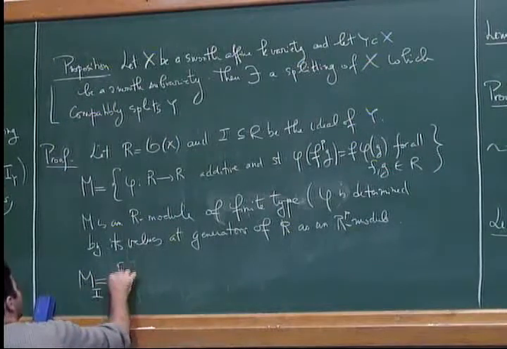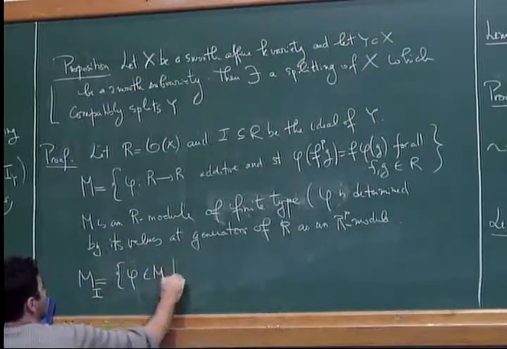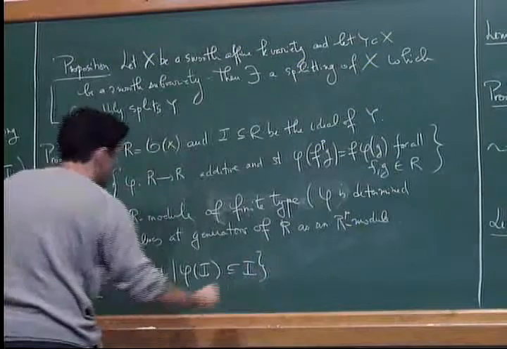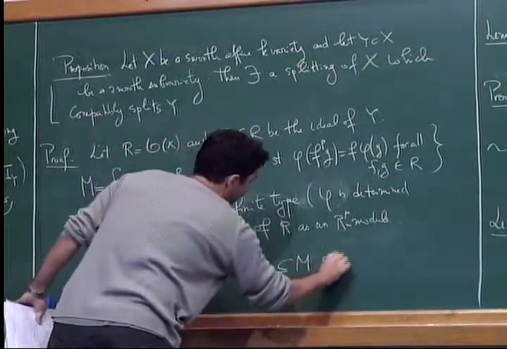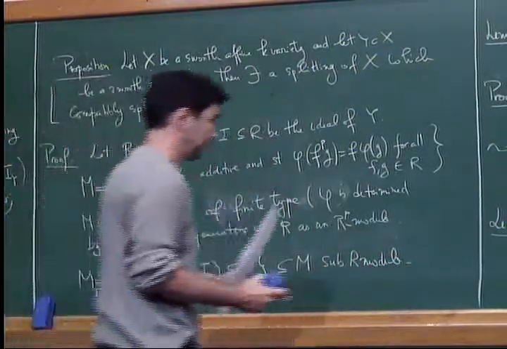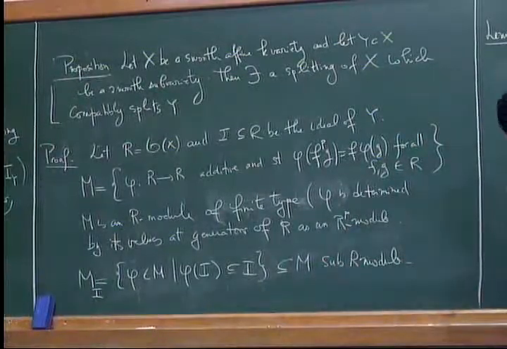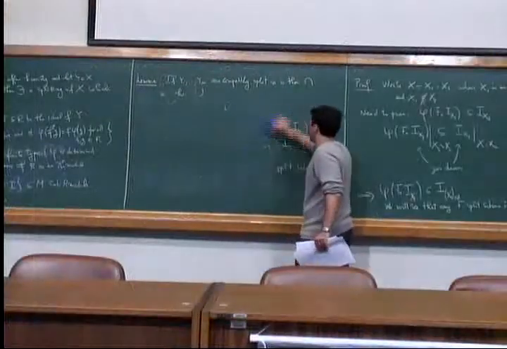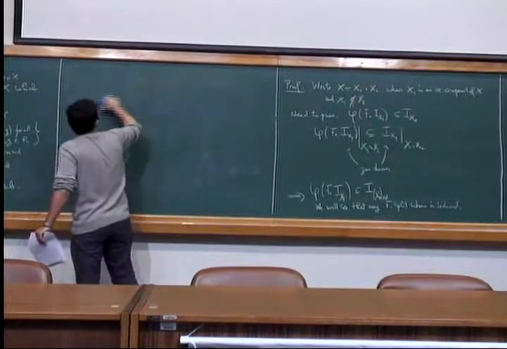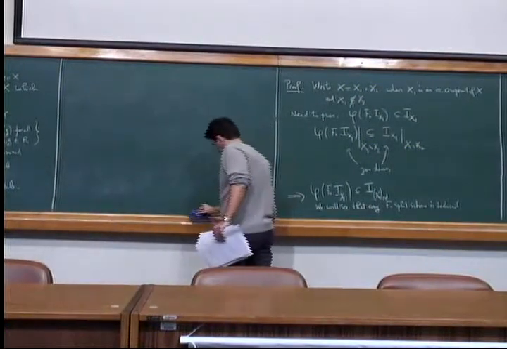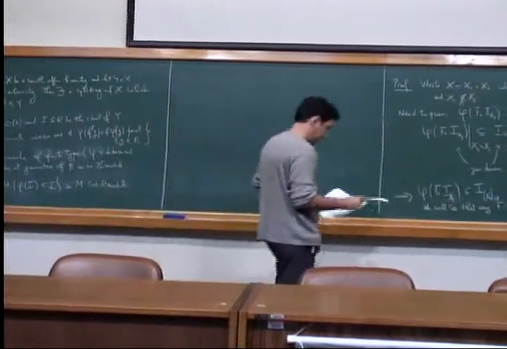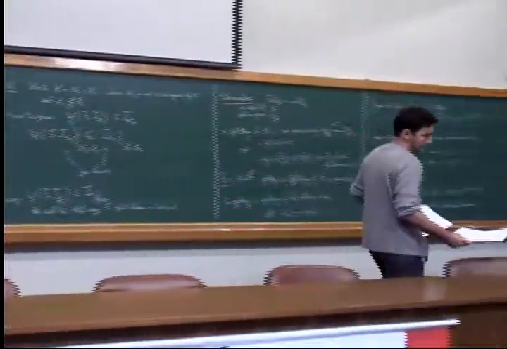We need to consider another one. M_I is just the set of maps phi in M such that phi of I is contained in I. So this is a sub R-module.